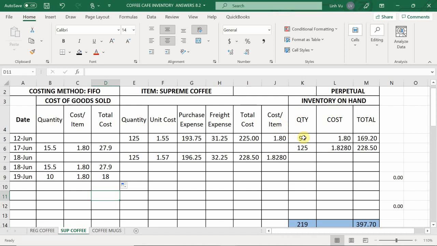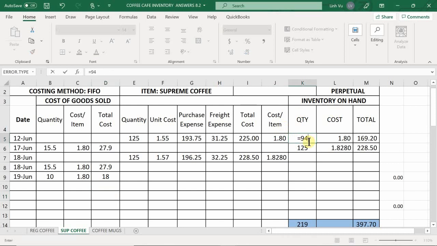So in this case, if we had 94 minus 10 pounds, how many pounds do I have left? 84. You have 84 pounds, bringing you a grand total of $379.70. Okay, the grand total at the bottom.